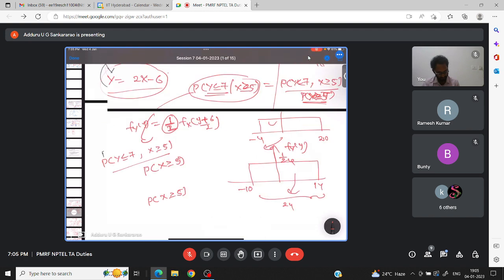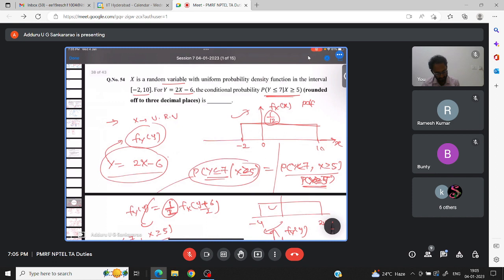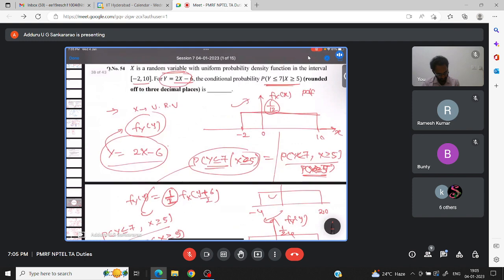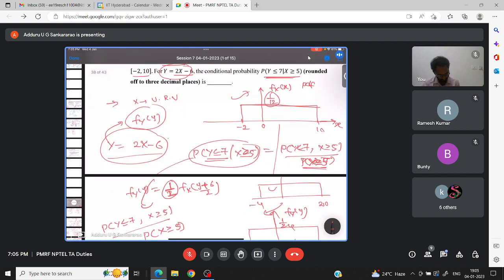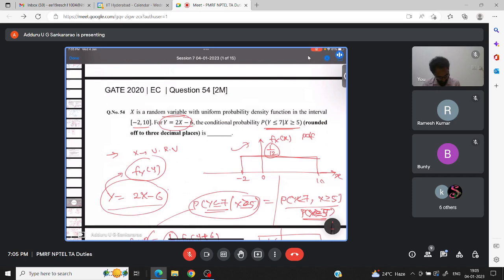What is x? Any way you can do it. Probability of x greater than or equal to 5 means x is what? From here, y plus 6 by 2.